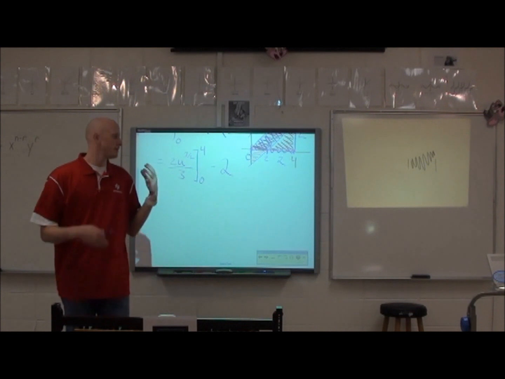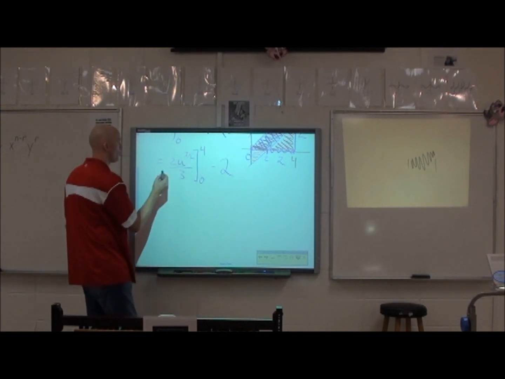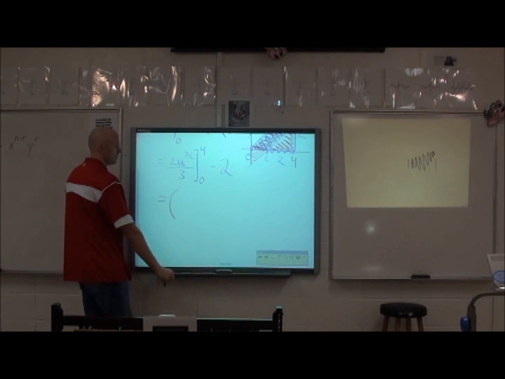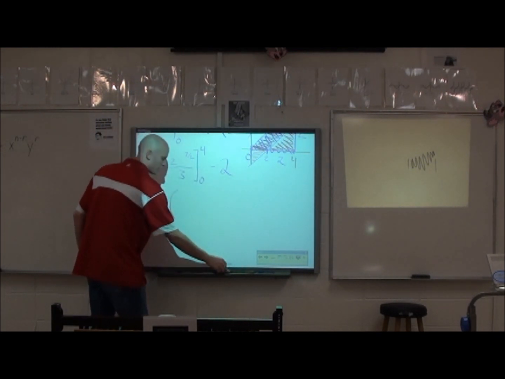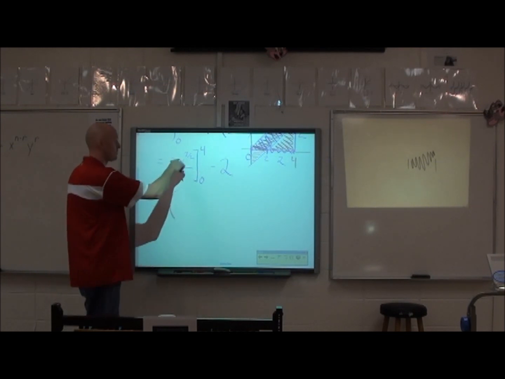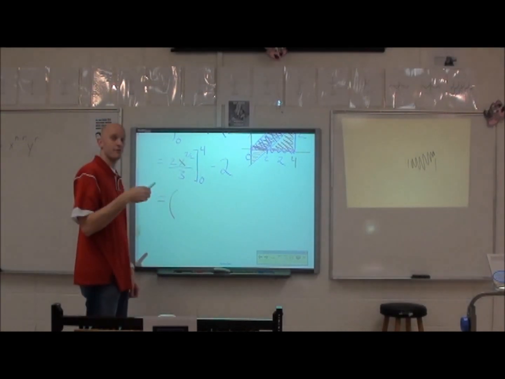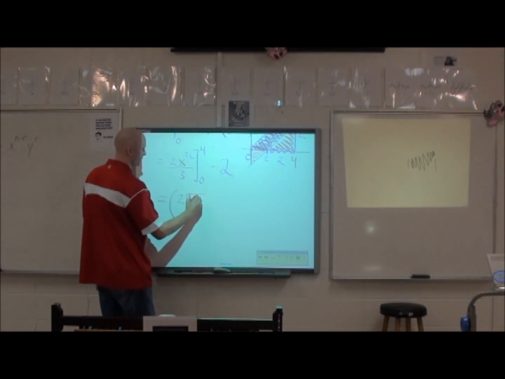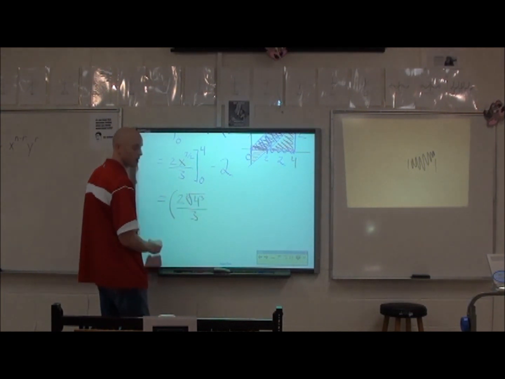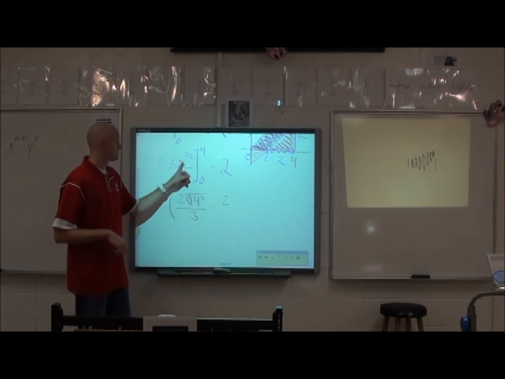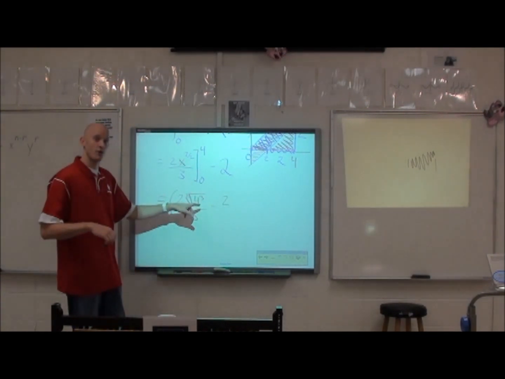Alright, fundamental theorem of calculus we're applying here, so I plug in 4. Probably can't see that. So it would be 4, I don't know why I put a u there, I'm so used to doing a u substitution. Try it again, 4 to the 3/2 power, that is the square root of 4 cubed. So this is 2 multiplied by the square root of 4 cubed over 3, minus 2 multiplied by the square root of 0 cubed, which is going to be 0.